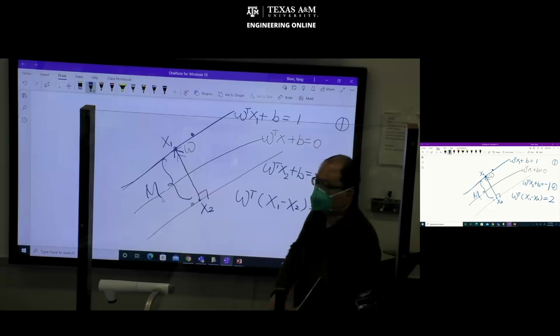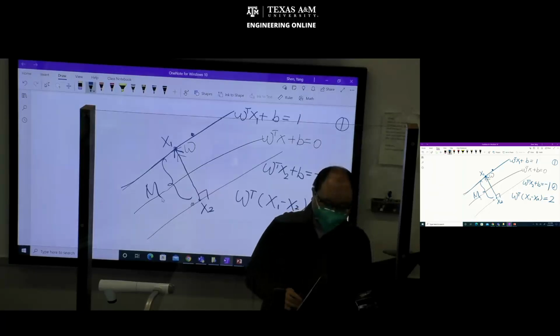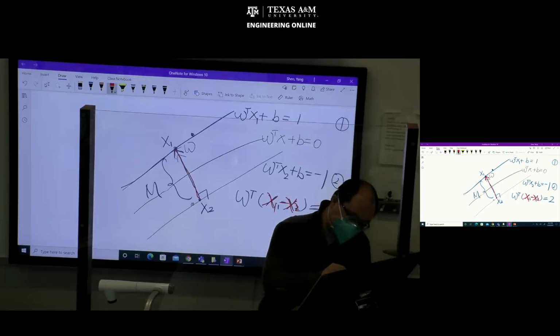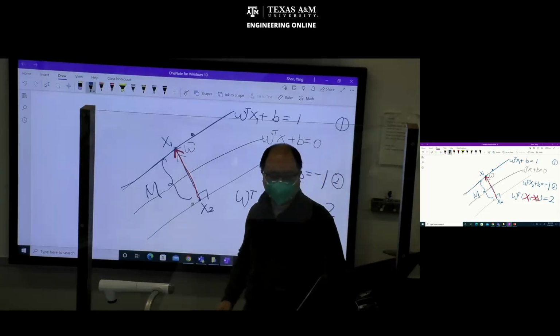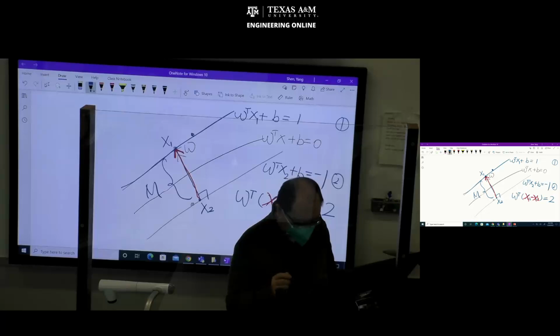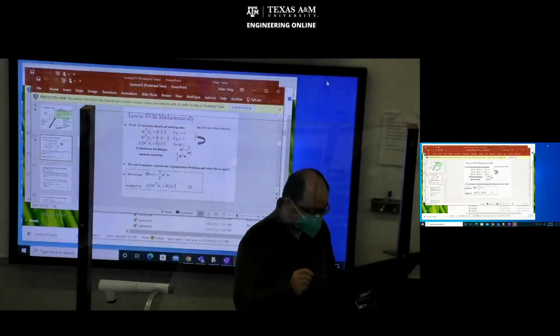This is your margin, and x1 minus x2 is exactly this vector. So can you now see why margin is equal to 2 divided by the norm of w? Is it clear now? Okay, I saved the last step for you, but it's a very easy derivation.